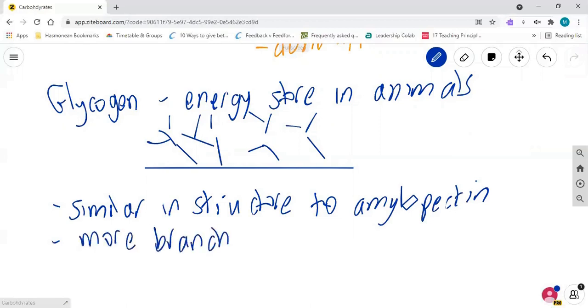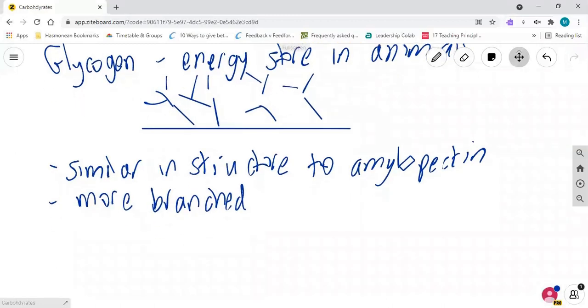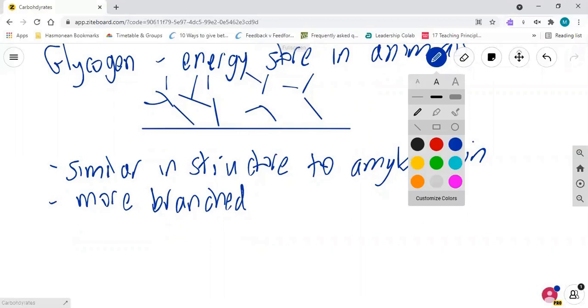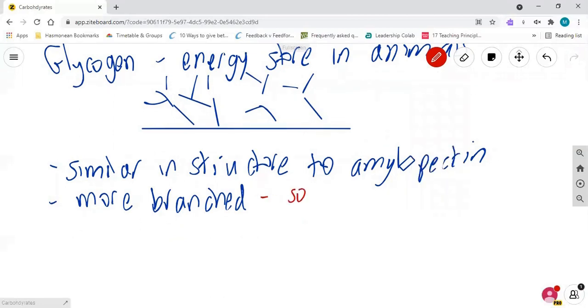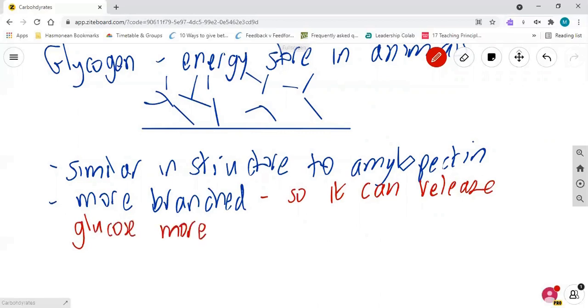Well, let's think about why that needs to be. Animals are more metabolically active. More metabolically active means you do more respiration, so therefore you need to be able to release more glucose. So it can release glucose more quickly for respiration.